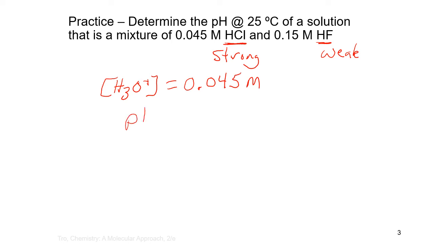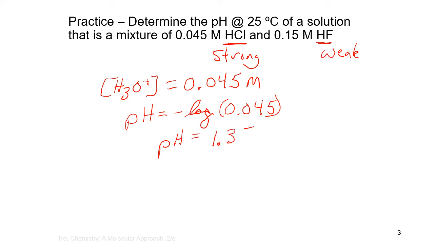And so we can just take the negative log of this concentration to find the pH. So it does differ if we have a strong acid or a weak acid. So our HCl is going to be our main component that is contributing to the pH of this particular mixture.